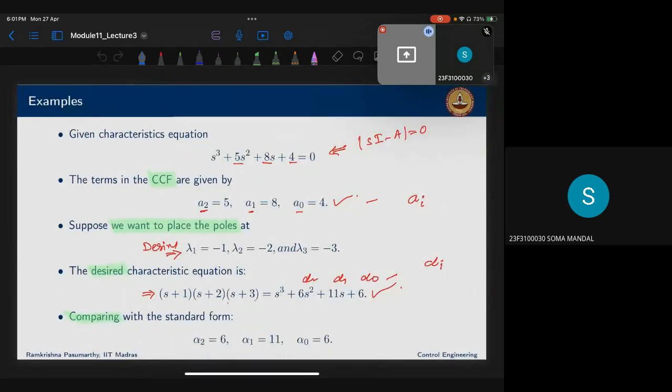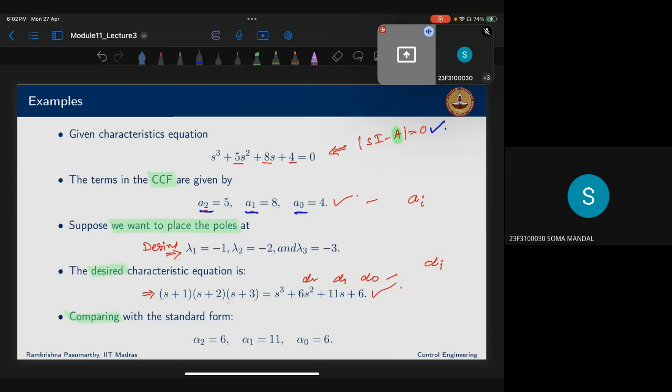Example also you can see. Same example. So when A matrix is given, this is the characteristic equation, det of sI minus A equal to 0. If the given system is in CCF, we have these coefficients from the differential equation.